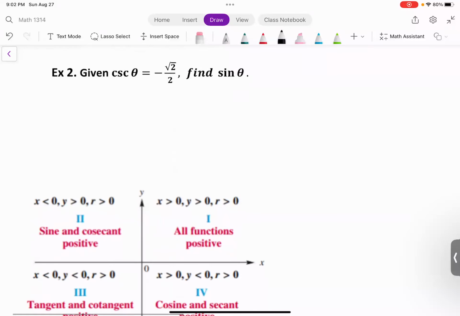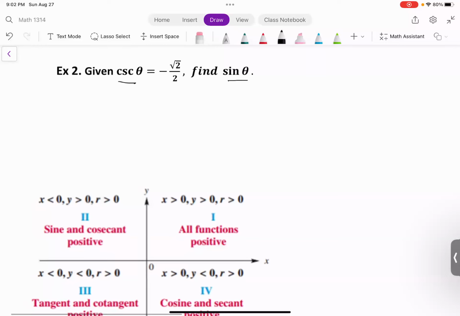Next one: given cosecant theta equals negative square root of 2 over 2, find sine theta. Cosecant and sine theta are reciprocals of each other. That means sine theta equals 1 over cosecant theta.